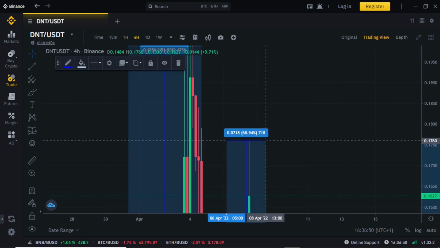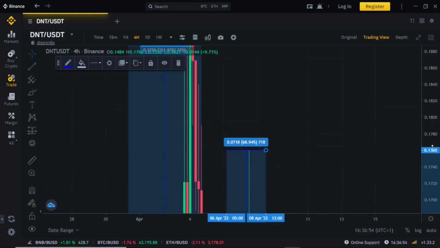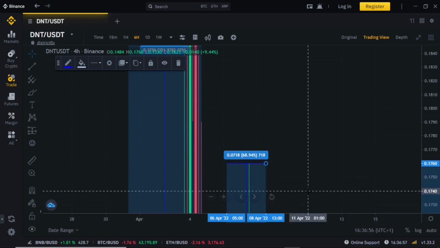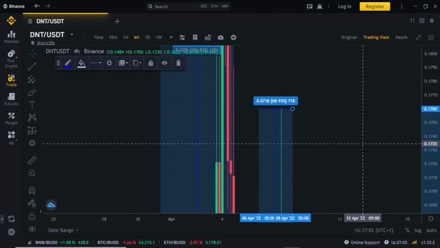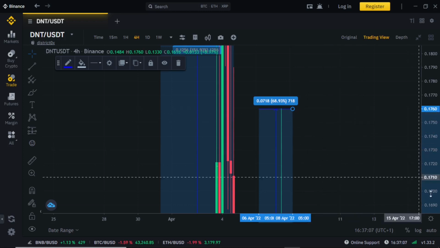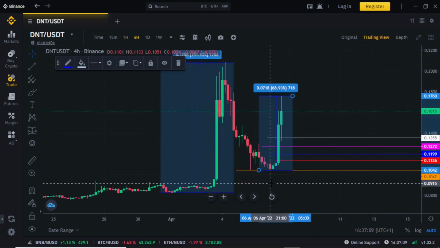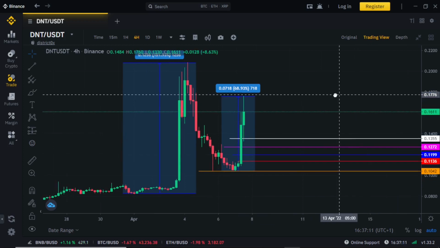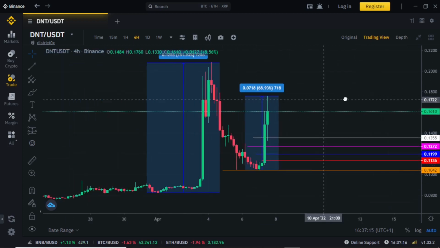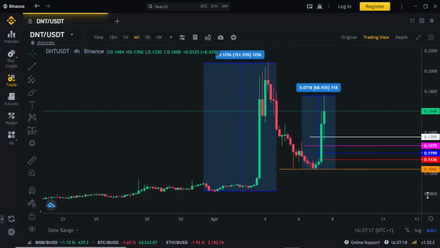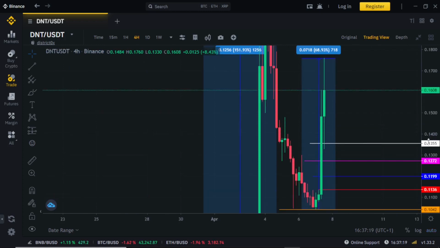So let's say you enter the trade with $1,000 worth of trading capital and patiently waited to sell the cryptocurrency pair till the current price action of the cryptocurrency reaches the highest price of the bullish trend, which is 69%. As you can see on the candlestick price chart, that means you would have made exactly 50% profit, which is approximately $500 as an absolute profit from this particular trade alone.